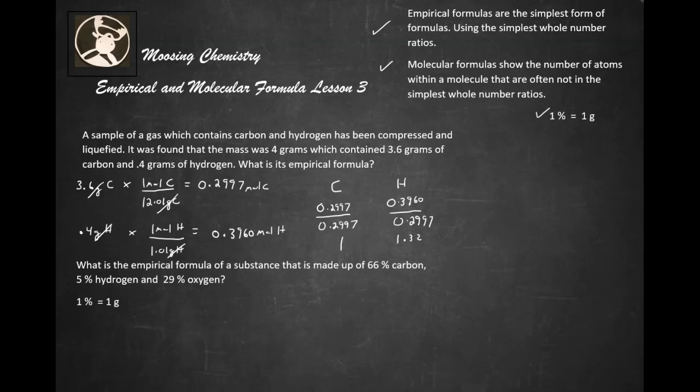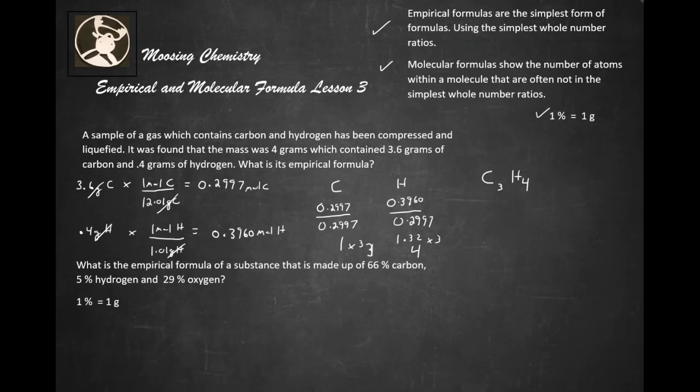So we need to make that 1.32 as close as possible to a whole number ratio. So we would have to multiply this by 3 and this by 3. And this would give me 1 times 3 is 3, and this would give me 4. So that would make the formula C3H4. Pretty snarly, huh?